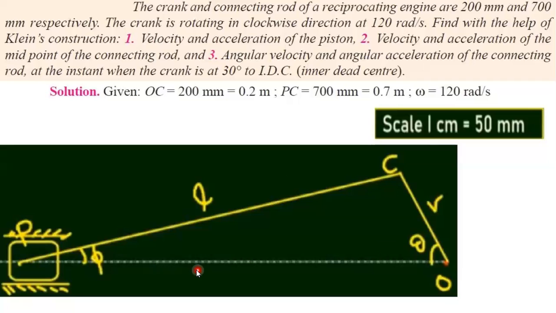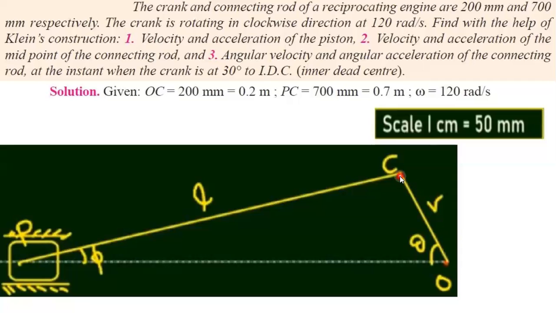First, draw a straight line and in that straight line place a point O, anywhere you like. Now you have the angle 30 degree and crank radius is 4 centimeter, as I just divided 200 mm by 50. For 4 centimeter, draw a line with the crank angle as 30 degree, and you will get a point C.